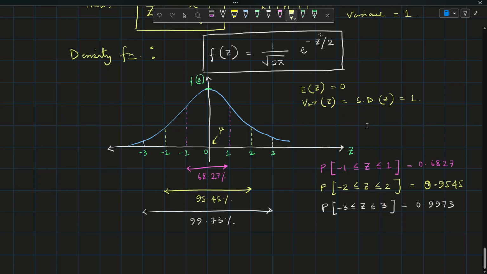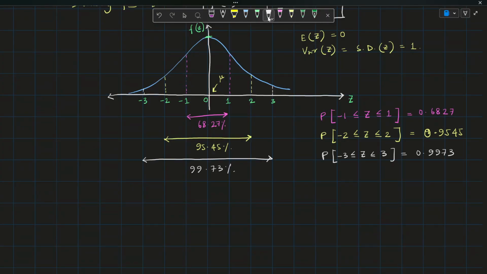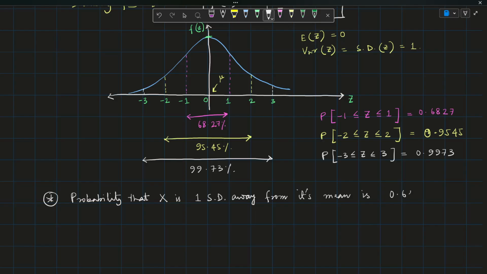In general, for any normal distribution x, not only the standard normal, it can be shown that the probability that x will be within one standard deviation of its mean is 0.68. Similarly, x is within 2 standard deviations of its mean with probability 0.95, and within 3 standard deviations with probability almost 1, 0.99.